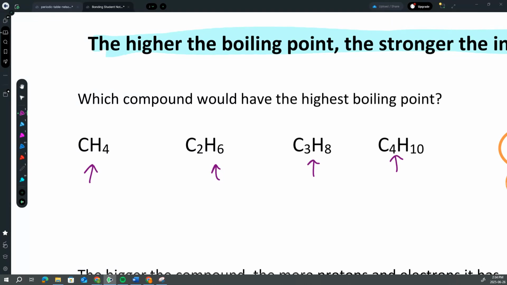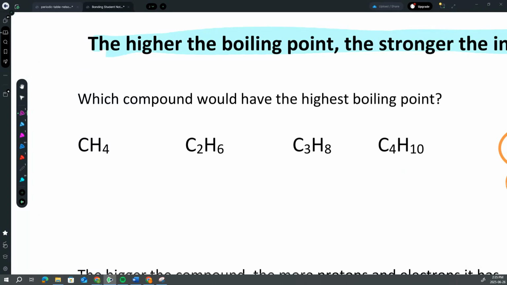And from a lesson or two back, we said that carbon with only one other element in a compound is going to be nonpolar. So all of these compounds are nonpolar, which means none of them have dipole-dipole forces and none of them can do hydrogen bonding, because none of them are polar. So then we're just going to look at London forces.